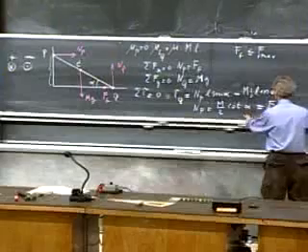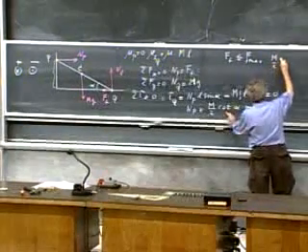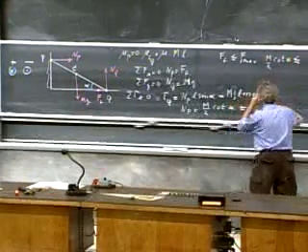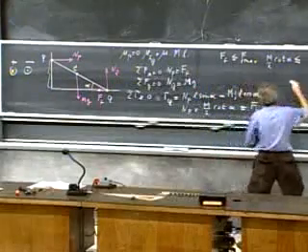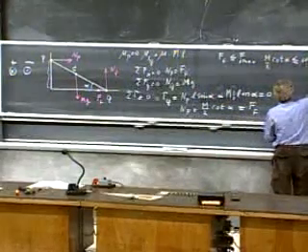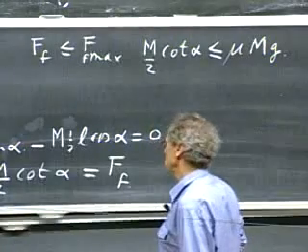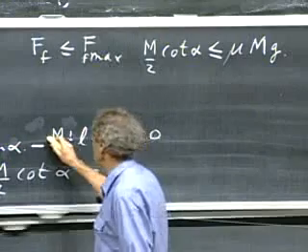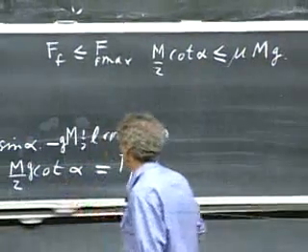So my requirement now is that N over 2 times the cotangent of alpha must be less than or equal to mu times mg. Did I lose a g here? Yes, I did. I have a g here, and I have a g here.